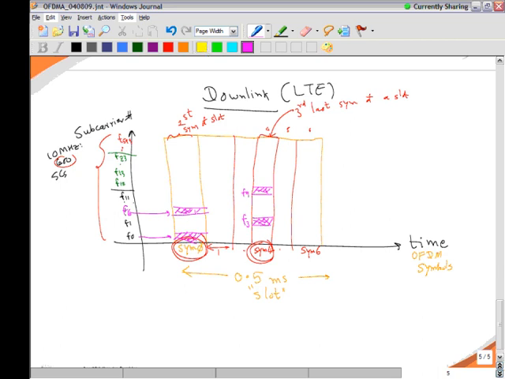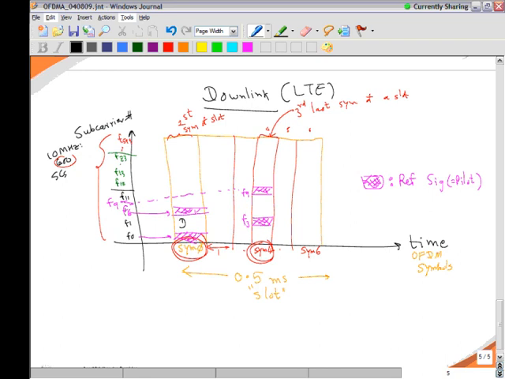I have a little bit of a real estate problem. Okay, F9. So, this symbol that you see here, this kind of symbol, that is your reference signal in LTE. Same as so-called pilot.